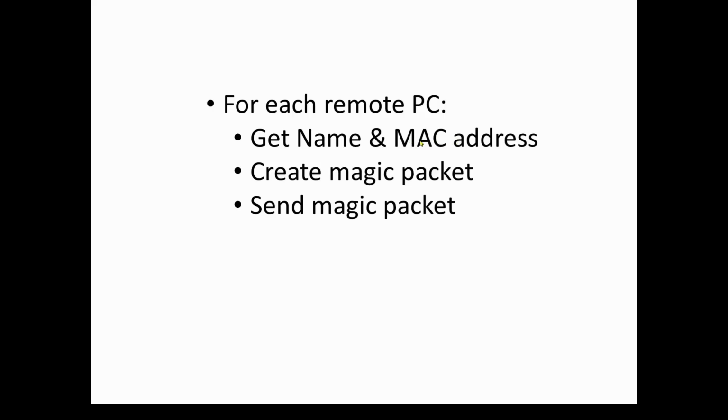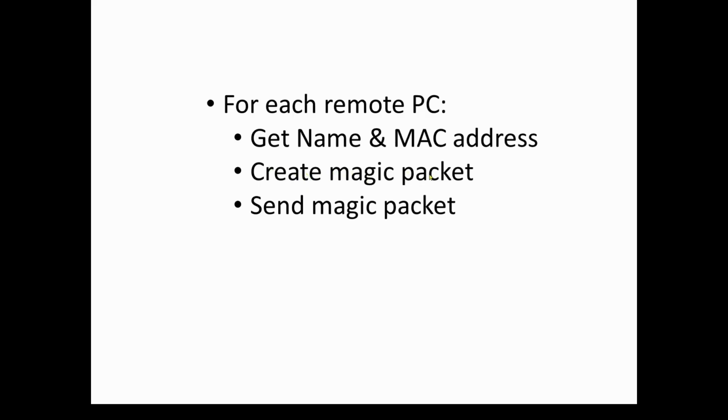So in order to do that, we said we need a MAC address for each remote computer. And we also want the associated name for that computer so that the user can refer to it by name and also have a MAC address associated with it. So we're going to have to get that information for each computer and store it somewhere in our code so that we can use it for the magic packet.